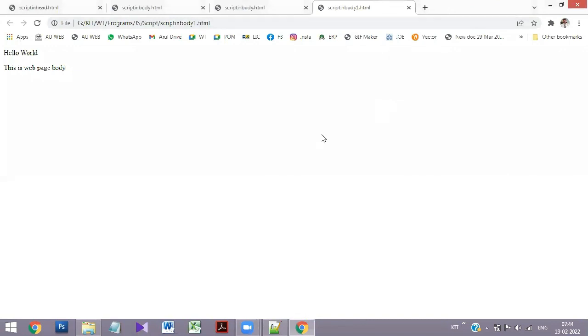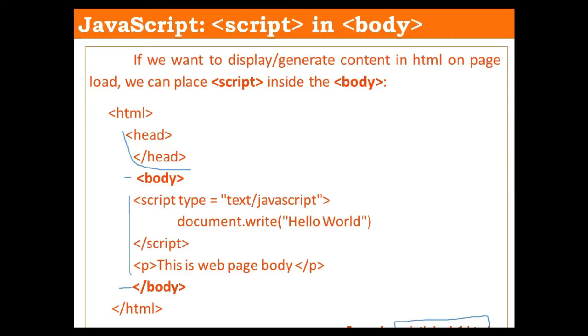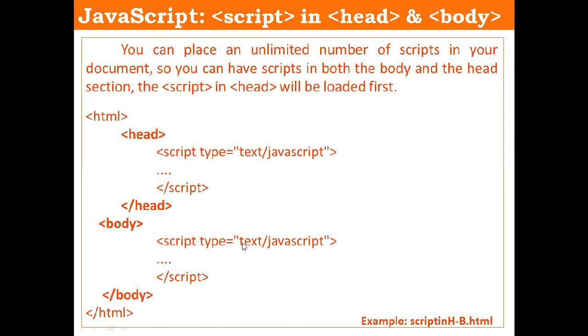Alright, it is completed. What is next? How do we give the script in both the head tag and the body tag? We can embed the script in both the head and body tag in a single HTML file.